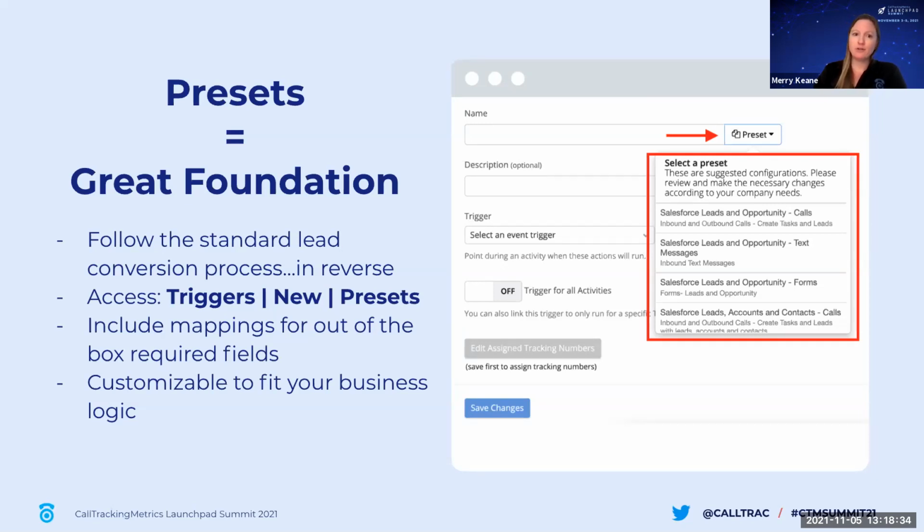Using standard objects only, they have the logic configured for finding and updating lead, contact, account, and opportunity records while appending calls and text messages as a task. We call this a great foundation because chances are you will need to further customize or add additional triggers to your account based on your business's needs. And this is something that we're going to talk more about in our part 2 session as well.